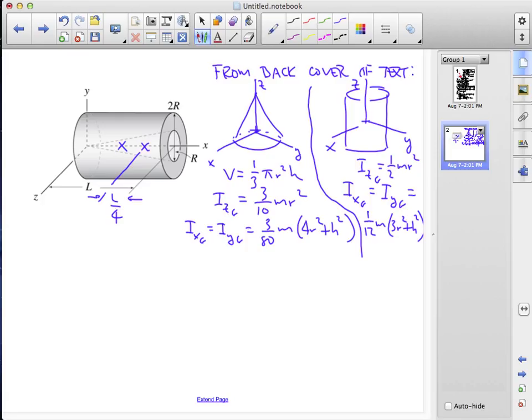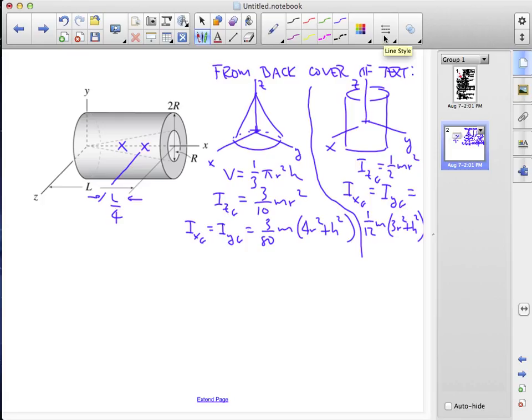Also, we want to be aware of where the center of gravity is for using the parallel axis theorem. So for instance, for the cone, in the inside back cover of the book, the center of mass of the cone is shown as 1/4 of its height measured from the base. In the present case, when we go to find mass moments about the x and y axes, we want to keep in mind that the distance from the center of mass of the cone to the origin of our problem coordinate system is actually L minus L over 4, or 3L over 4.